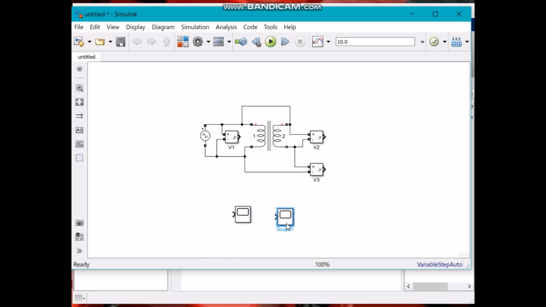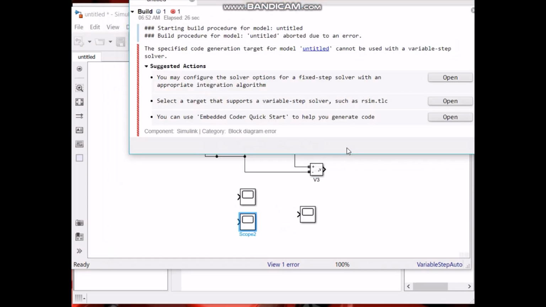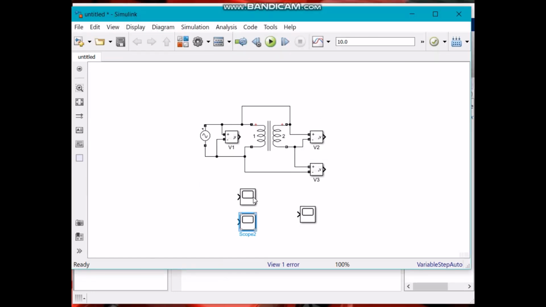Copy paste. That's it. So our circuit is complete.